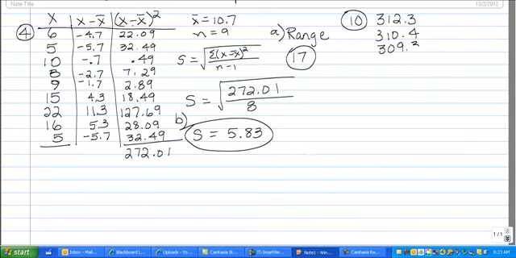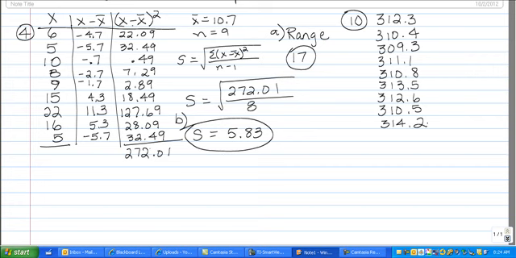You can use the calculator to do this. 311.1, 310.8, 313.5, 312.6, 310.5, and 314.2. They don't tell us what these numbers represent. They just have us working to find the range and the standard deviation.